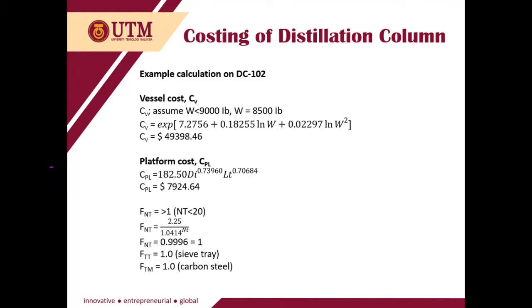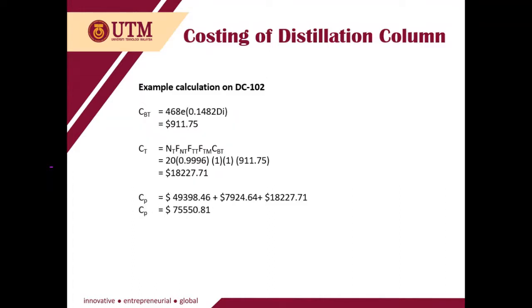Next, we calculate the platform cost, CPL, which is around $7,000, and FNT is 1, FTT is 1, and FTM is 1. Next is the calculation of CBT, which is around $900, and then we calculate the CT. The CT is around $18,000, and we get the purchase cost of around $75,000.